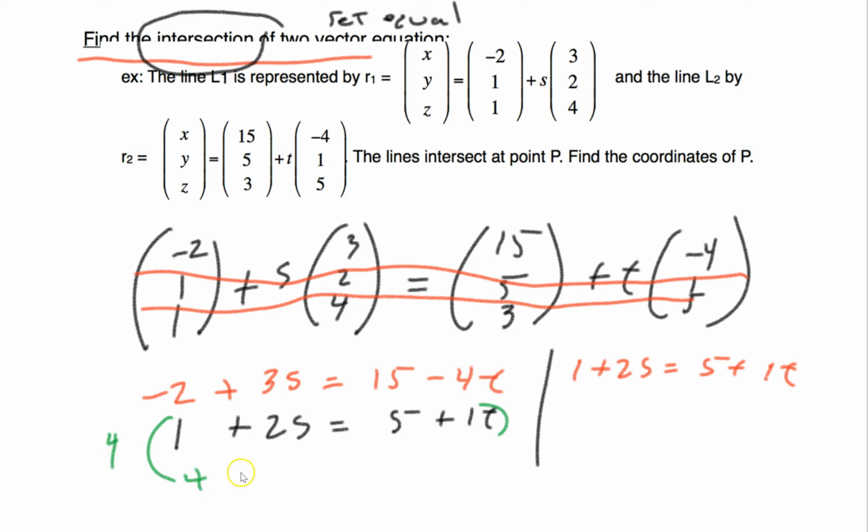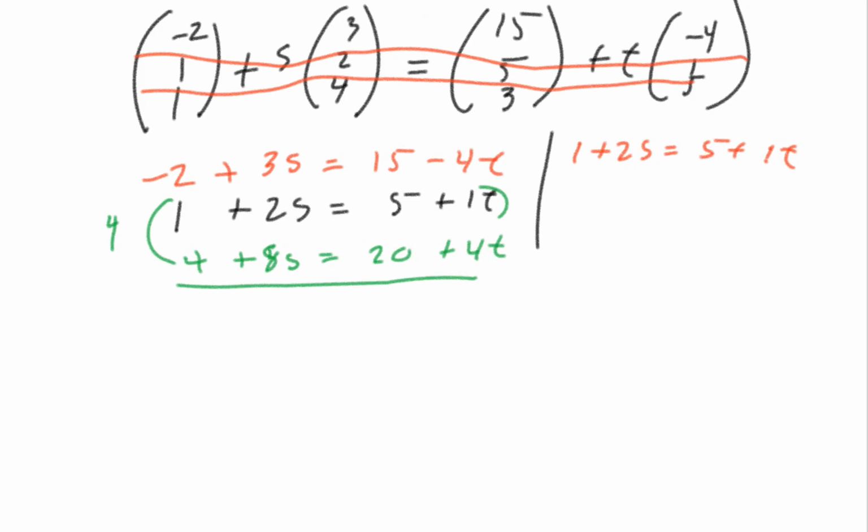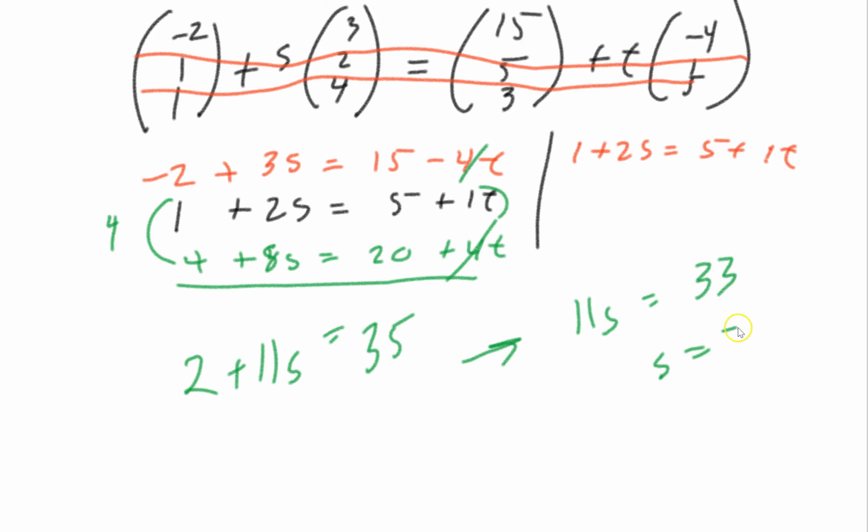I get 4 + 8s = 20 + 4t. If I add those up, the 4t's will cancel. I get 35 = 11s + 2. Subtract 2: 11s = 33. s equals 3. Now I have s.